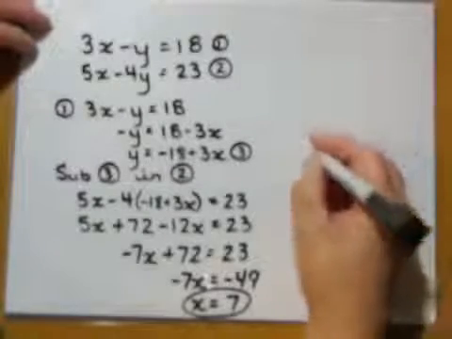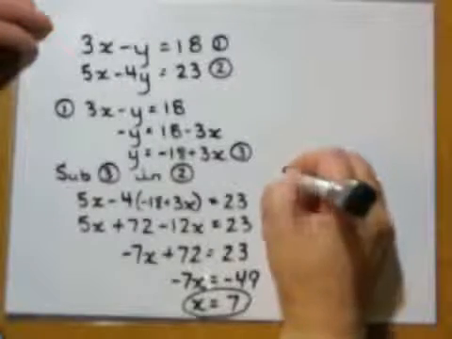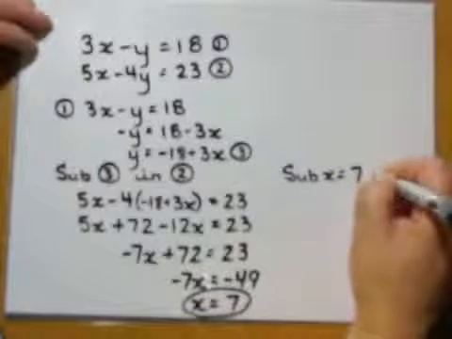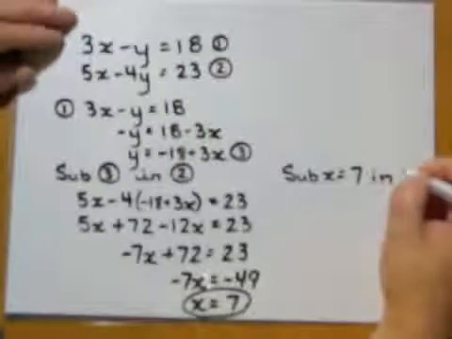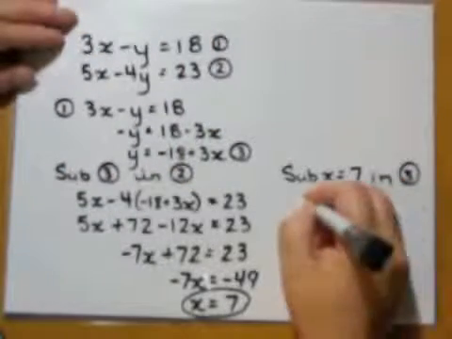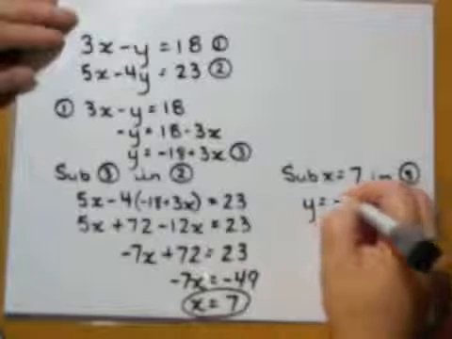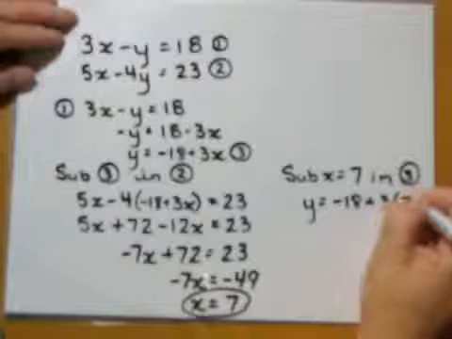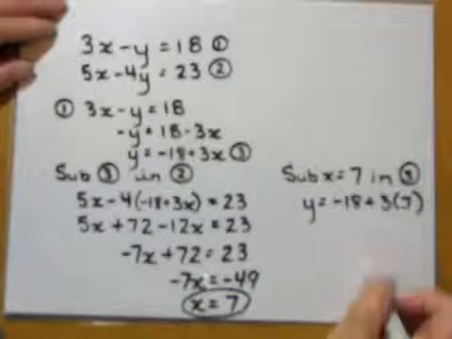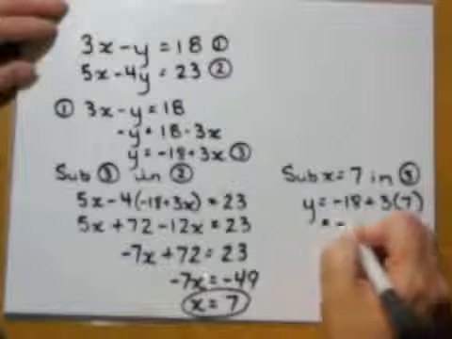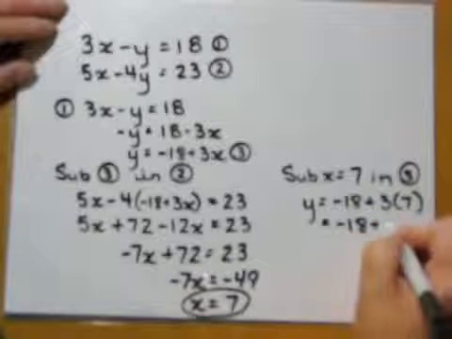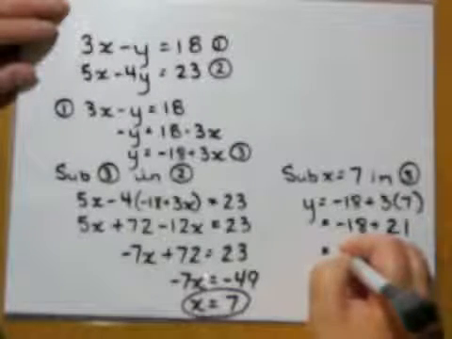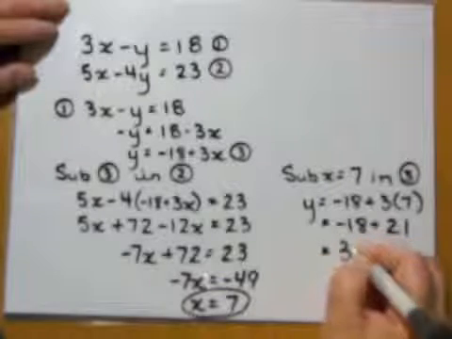So I sub x equals 7 into equation 3, and that says y equals negative 18 plus 3 times x, which we know to be 7. So that's negative 18 plus 21, which means that my y value is 3.